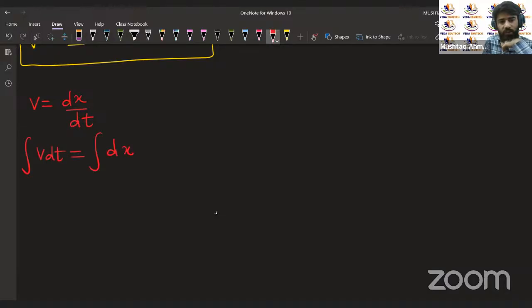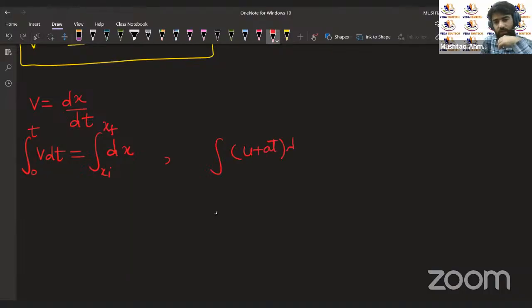Integrating it, let's suppose the initial position vector was x initial and the final position vector is x final, and the initial velocity was u and the final velocity is v. We have to calculate the limits with respect to time, so at time t equal to 0 the position was x initial, and at time t equal to t the position is x final. So we can replace this v with u plus at.